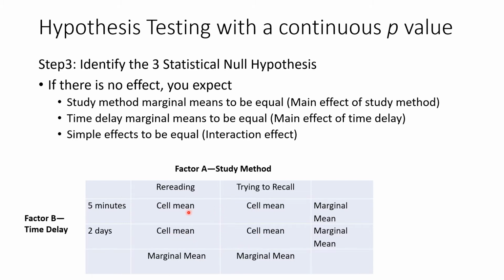So the simple effect of these 2 is equal to the simple effect of these 2, is the null hypothesis for the interaction. Again, if that's the case, you'll get an F value close to 1 for the interaction effect.